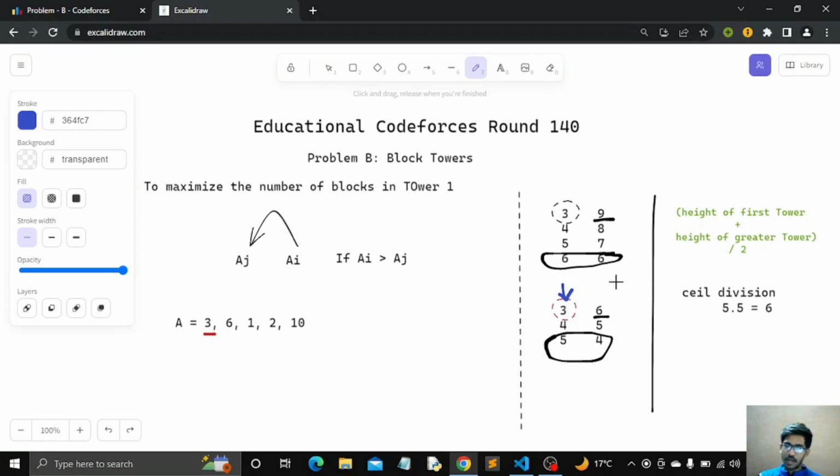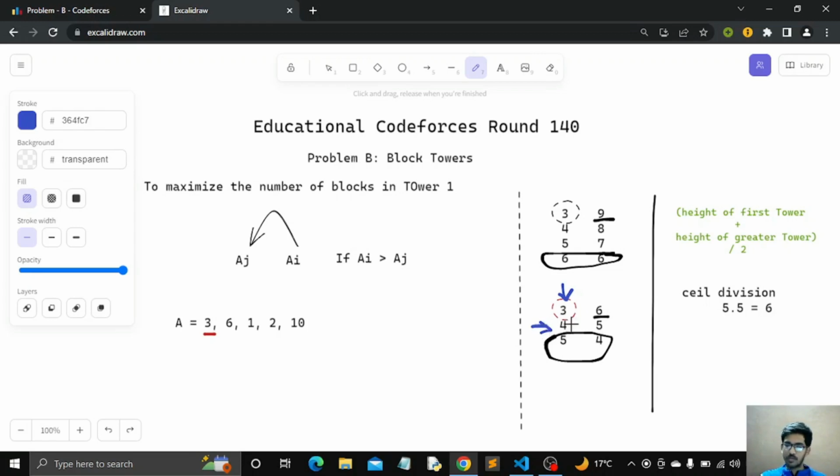As the height of the other tower is strictly greater than the height of the first tower, we can perform the operation on these two towers. On performing the operation once, the height of the first tower becomes 4 and the height of the other tower is reduced by 1, so the heights are now 4 and 5.